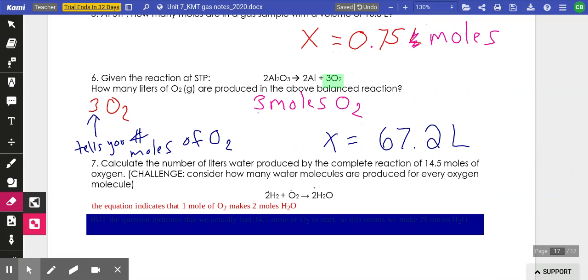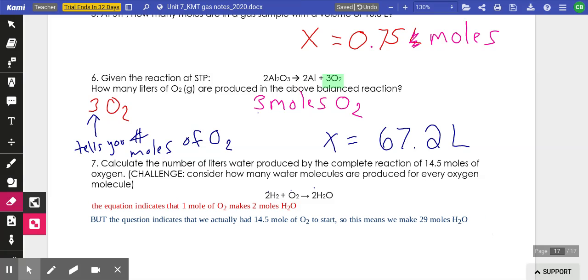But that's not what is happening in this problem. In this problem, I'm saying that we started with 14.5 moles. If we actually had 14.5 moles of oxygen to start, that would mean that we make twice as many waters in the end, so we make 29 moles of water.